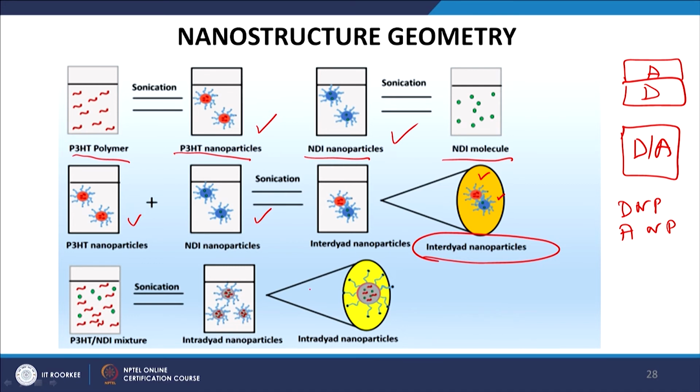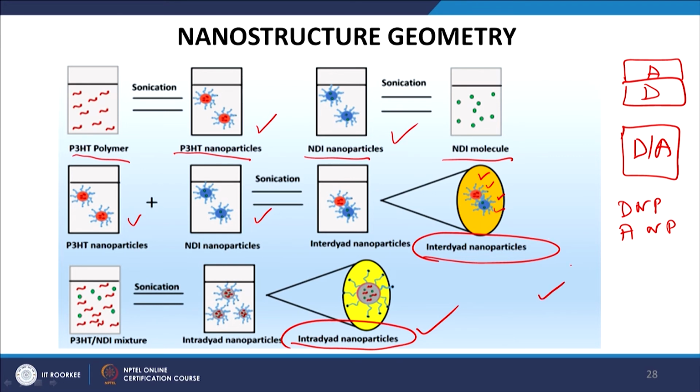A magnified view of this nanoparticle shows that here the donor phase and the acceptor phase stay in the same matrix. Here the donor phase is different, the acceptor phase is different. We have attached them by physical, electrostatic interaction in the first case, but here both the donor and acceptor phase stay together inside this assembly, and that is called an intradyad nanoparticle. So, this is basically a bulk heterojunction analog, and this is basically a layer-by-layer analog.